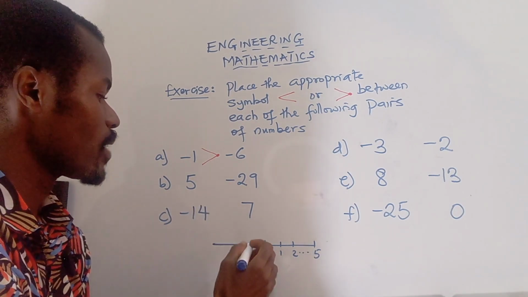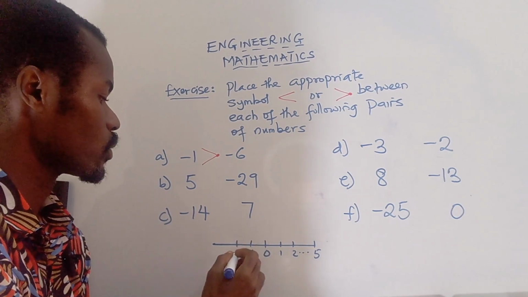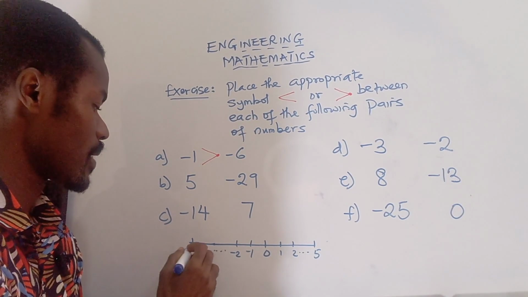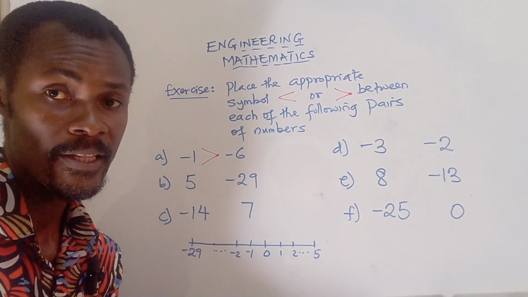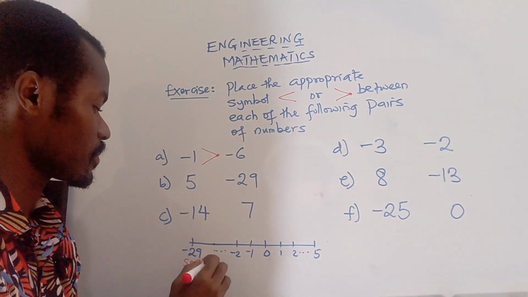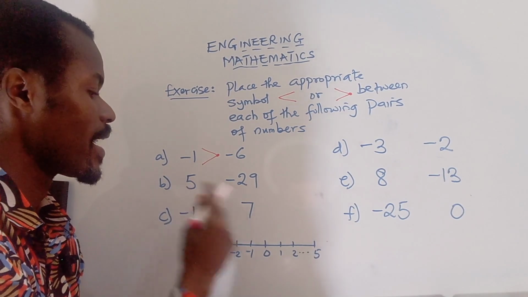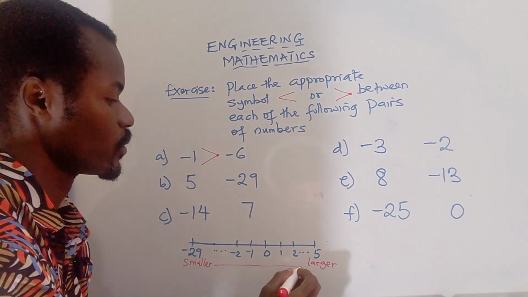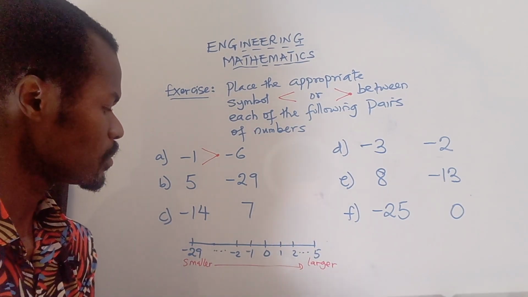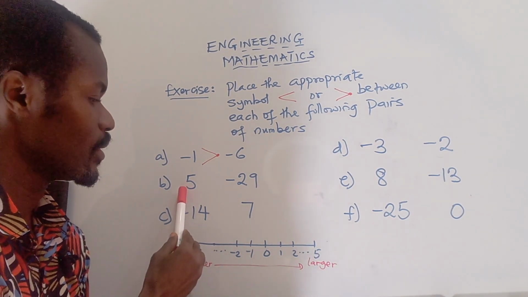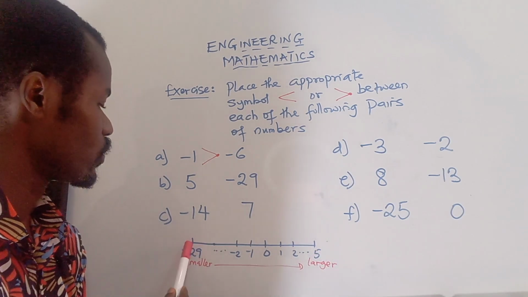Now -29, we have -1, -2, and down it goes all the way towards -29. Now this is smaller, and 5 is larger. Remember, we're moving from small to large.